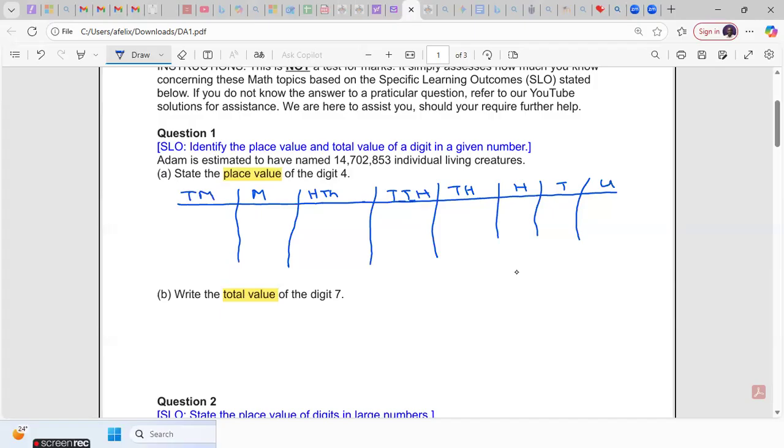So having done that, we will now write in each of these digits. 1, 4, 7, 0, 2, 8, 5, 3. Now we are taking our time with this.